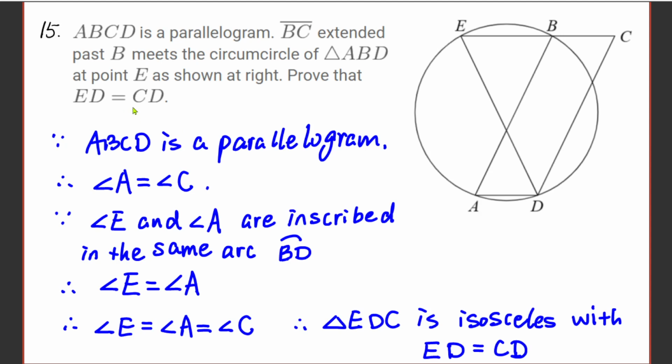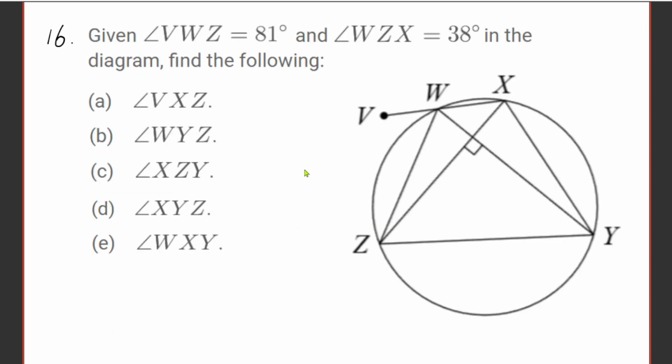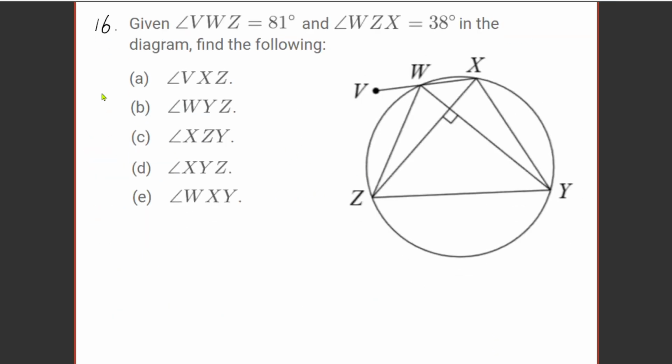Therefore we have proved ED equals CD, right? Any questions? Okay, if no questions, let's have a look at the next one.